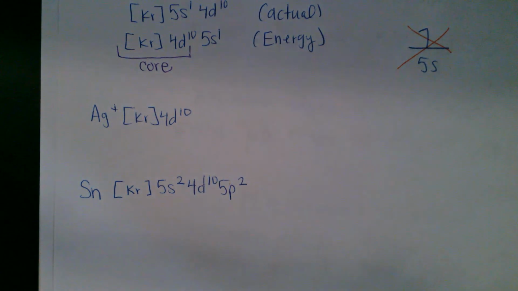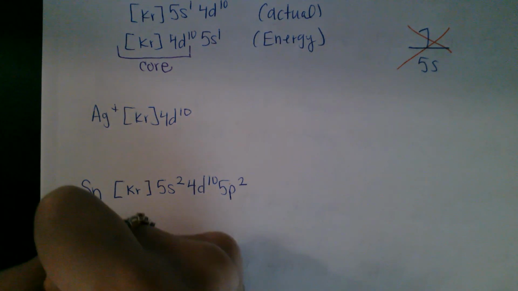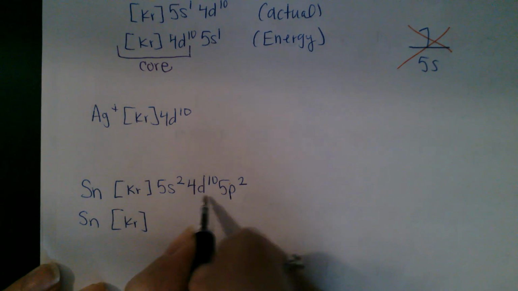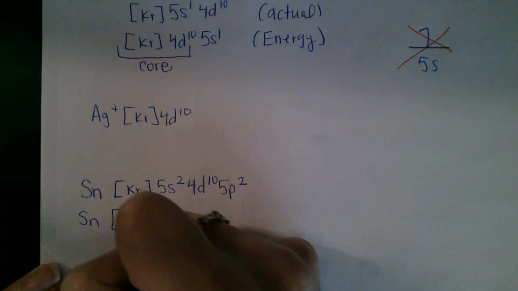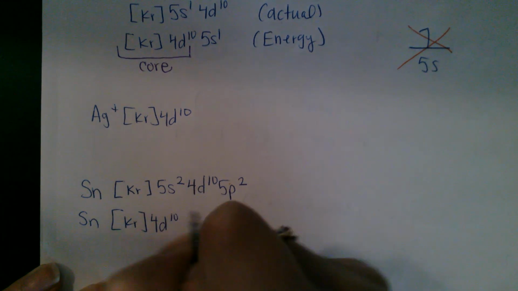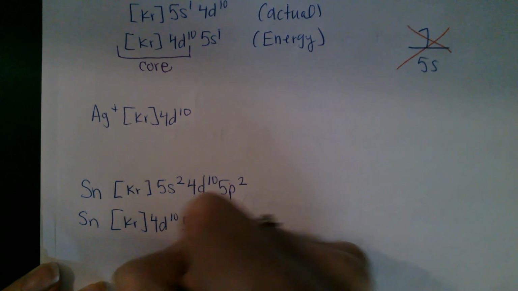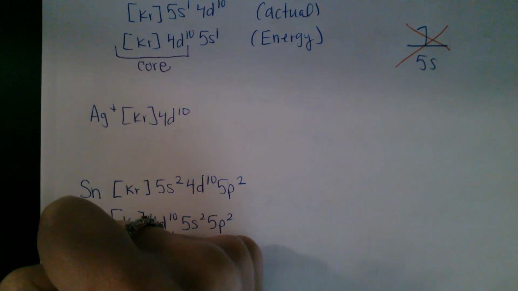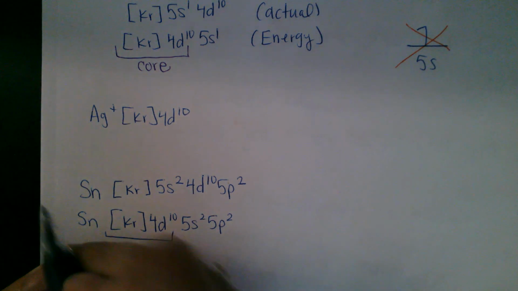So that's our filling order. Let's put it in order of energy. So we have krypton, which is filled, so we're just going to put it back over here. 4d10. Then the S is lowest, and then the P. Okay, so right here, those ones there are core.